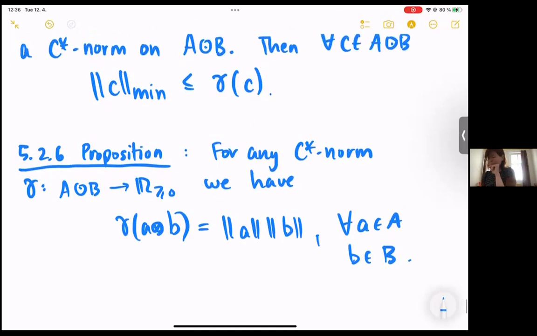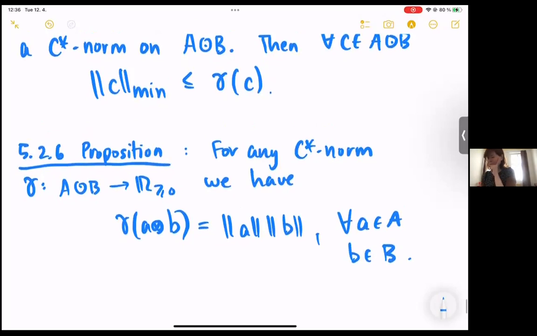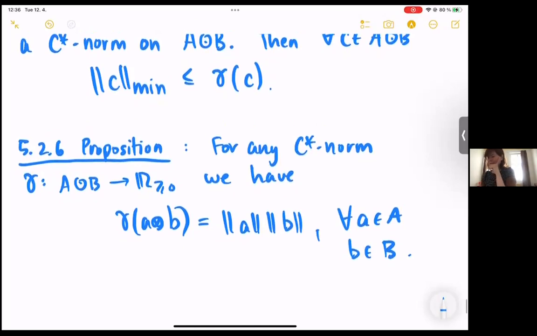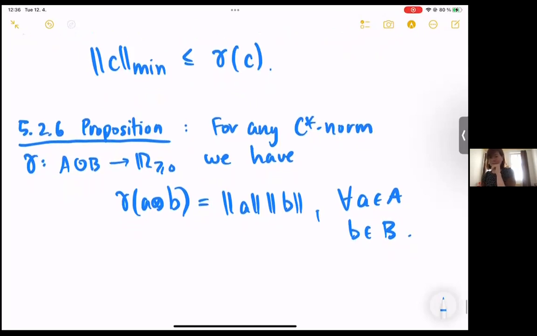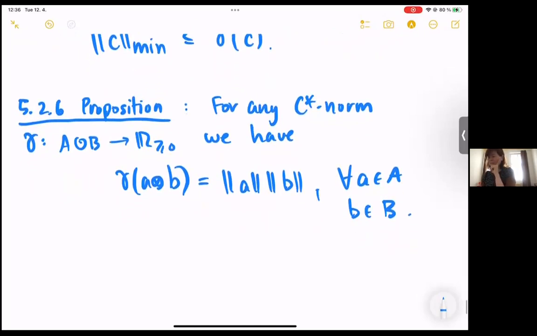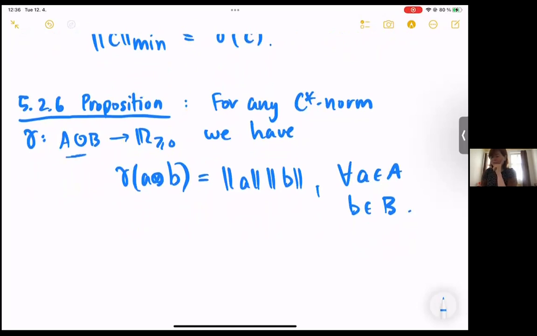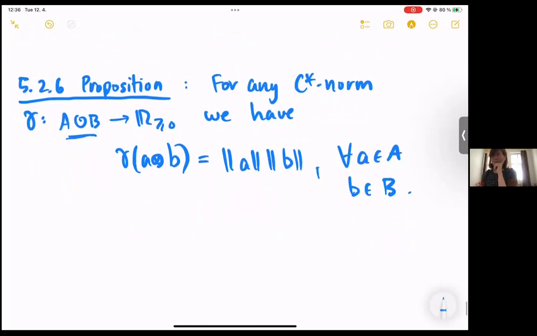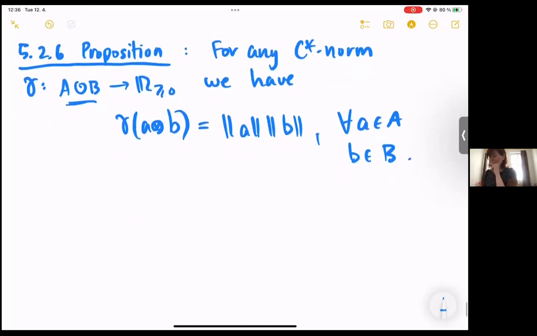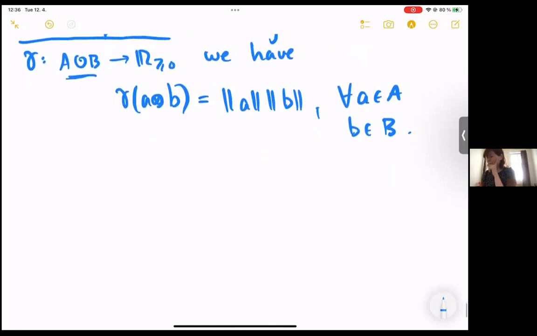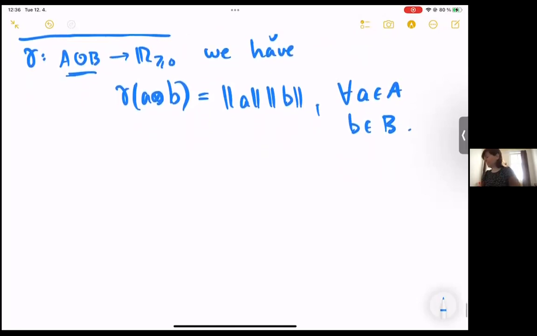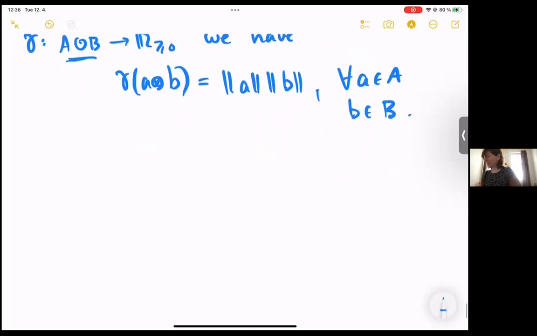This can be a little bit confusing maybe, because we have all these different C-star norms and their C-star algebra completions are not necessarily the same. But they all have this dense subalgebra inside. It can be a bit confusing at first to get used to this sort of thing.